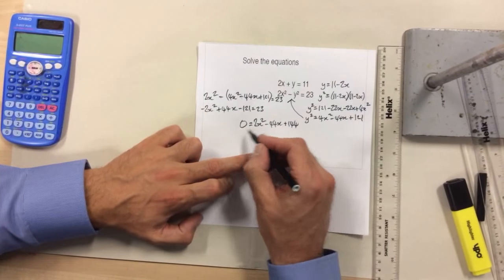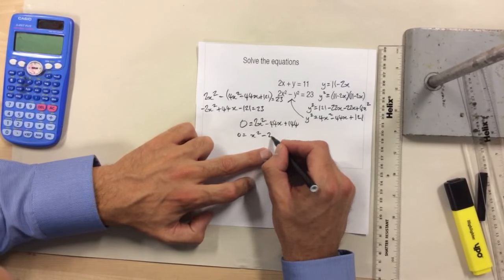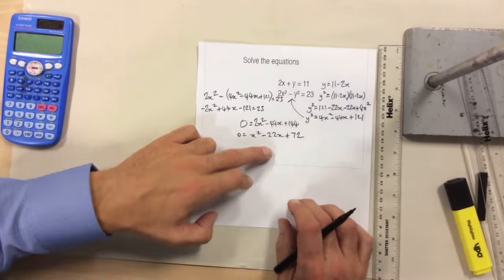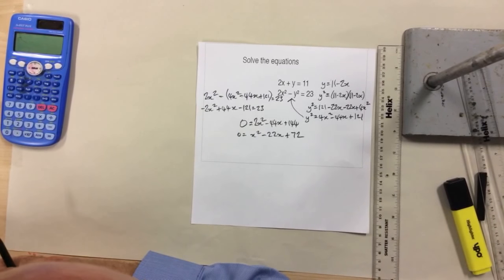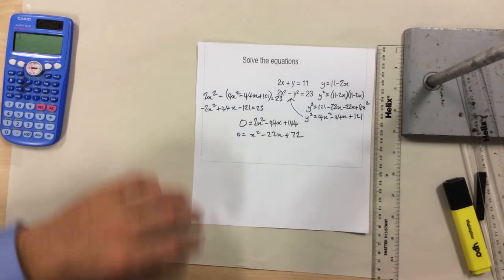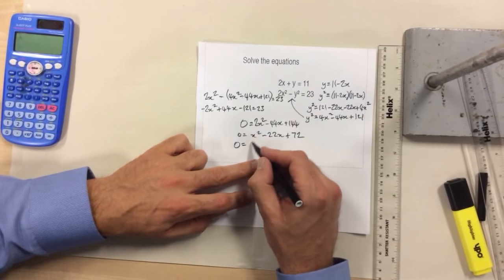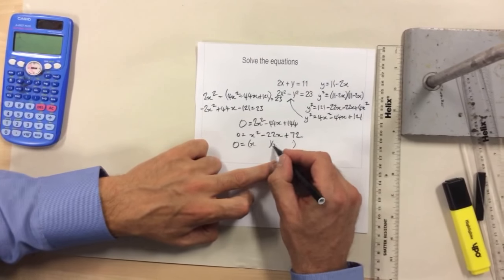So we've now got 0 equals x squared minus 22x plus 72. And it may take you a bit of time here to try your factorising on this one, to try and solve this equation. And yeah, we can make factors that work this time with 18 and 4. So 0 equals 2 brackets x.